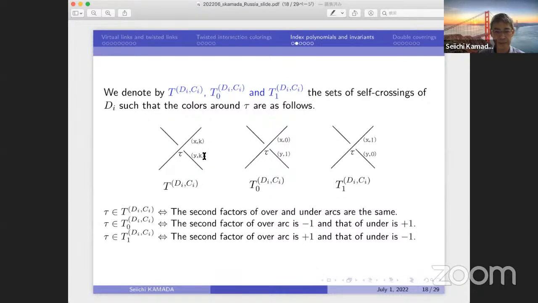And in T0, the second factor of the over arc is minus 1, and the under arc is plus 1. And in T1, the second factor of the over arc is plus 1, and the under arc is minus 1. T, T0, and T1 of course depend on the coloring Ci.